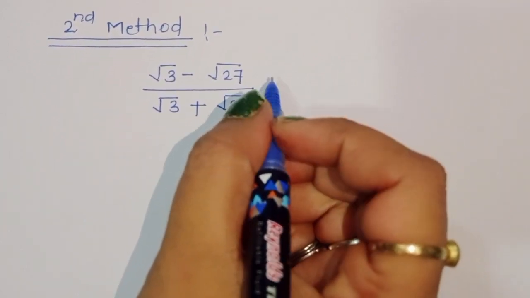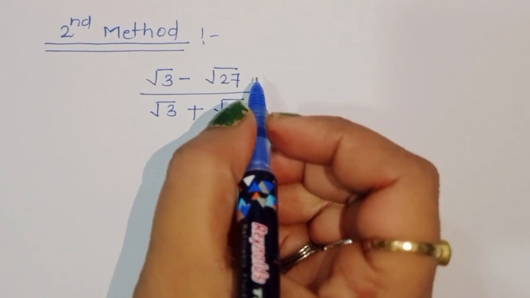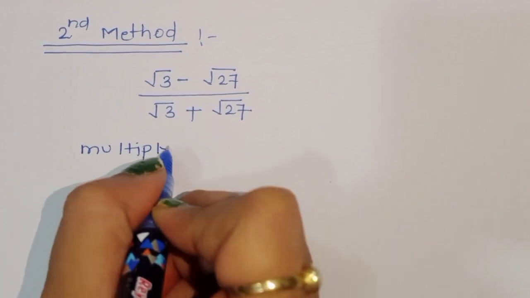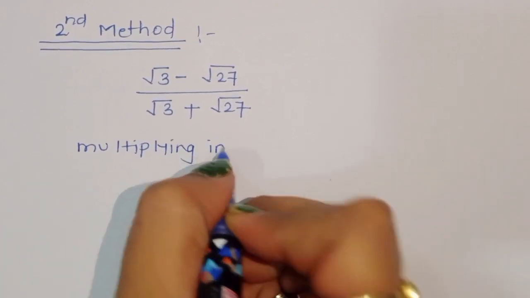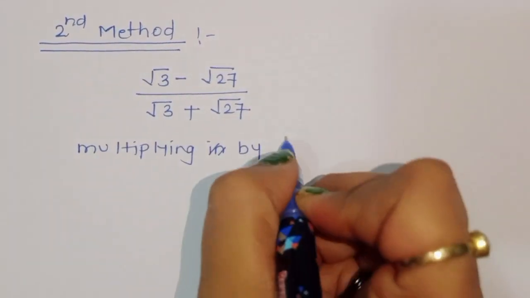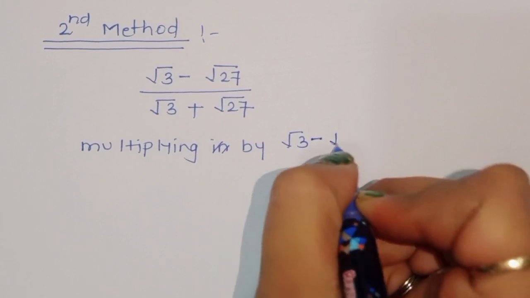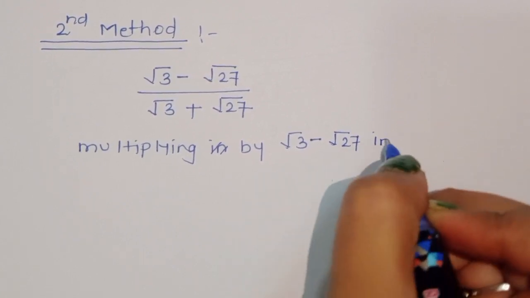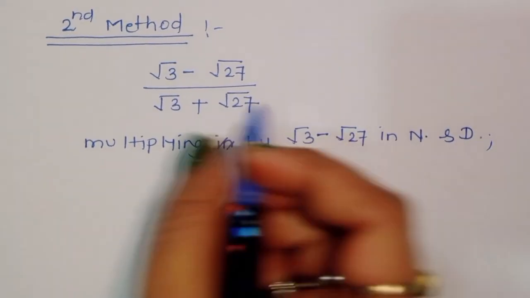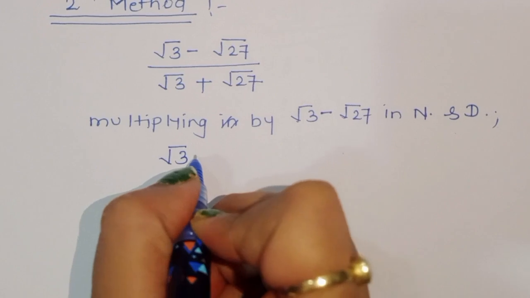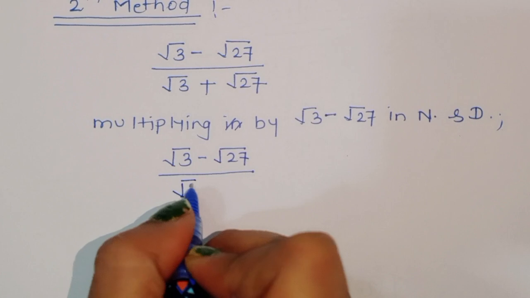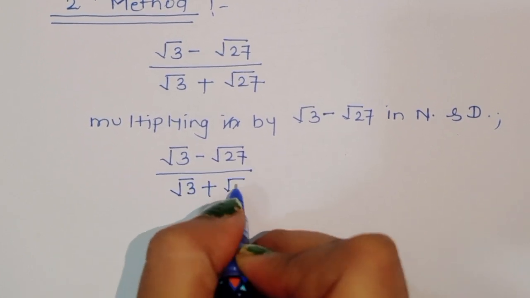This is the question, so we can do one thing: multiply both sides, multiplying by (√3 − √27) in the numerator and denominator.